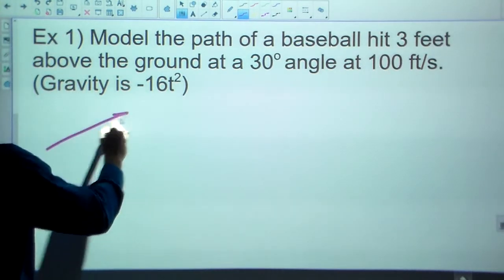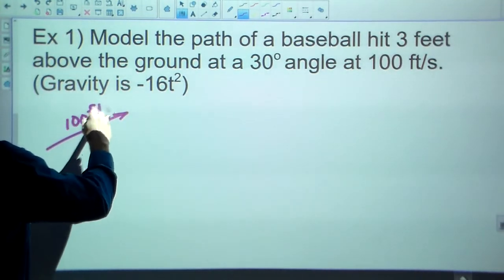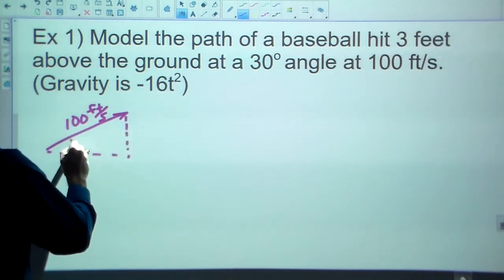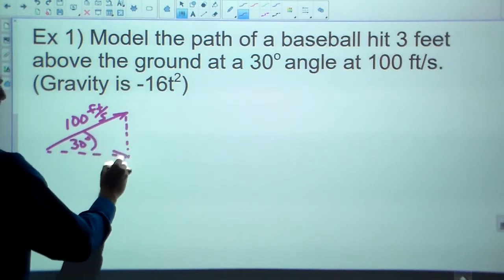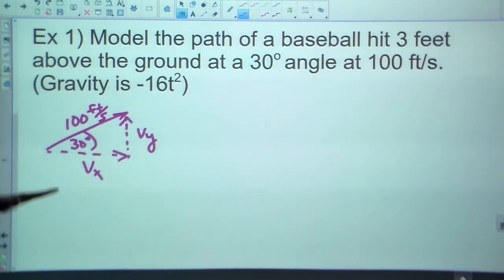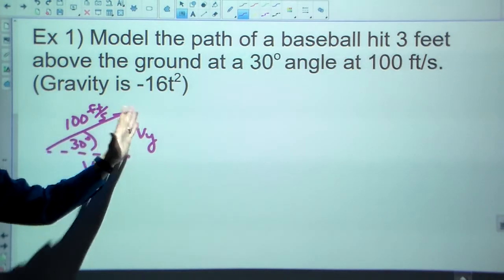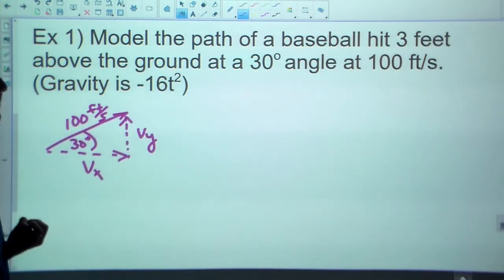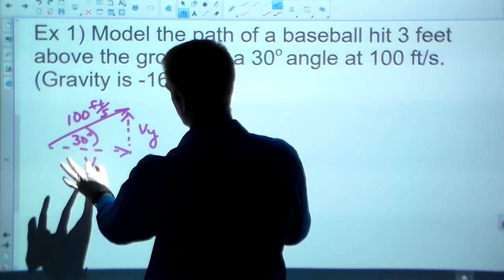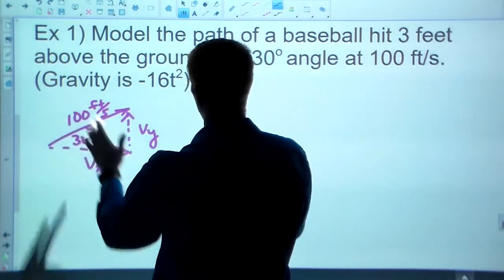So the baseball is traveling at 100 feet per second, but it's traveling at a 30-degree angle. And this should look familiar from chapter 6 with vectors. It has some forward velocity, it has some upward velocity. We can analyze those vectors. Now let's set these up as trig ratios. So I'm going to start with cosine of 30 equals Vx over 100.